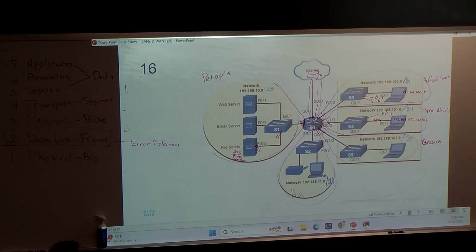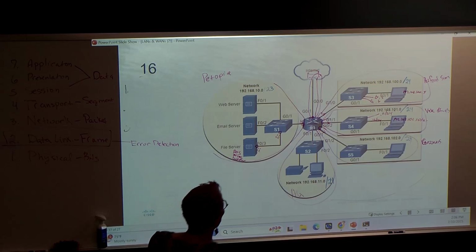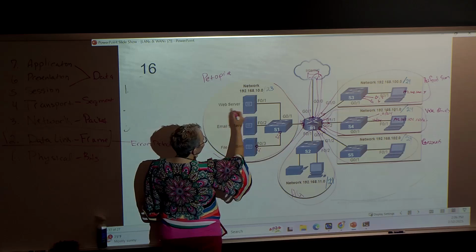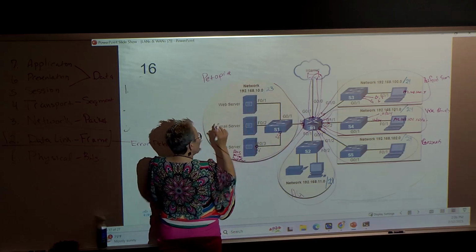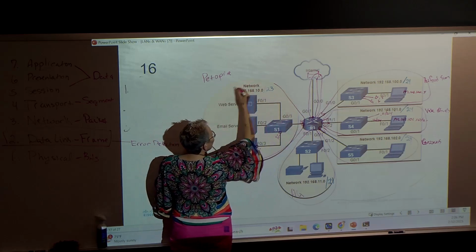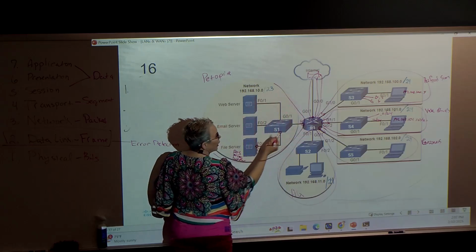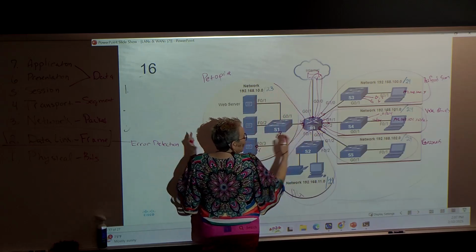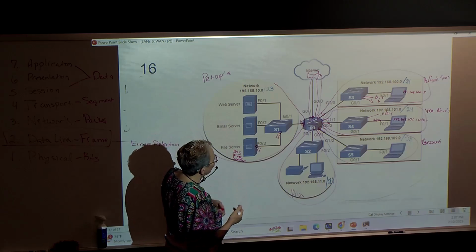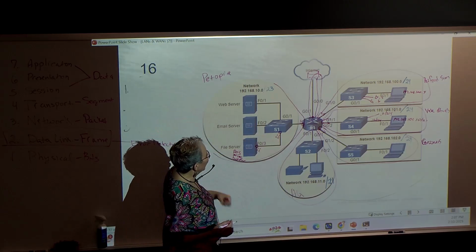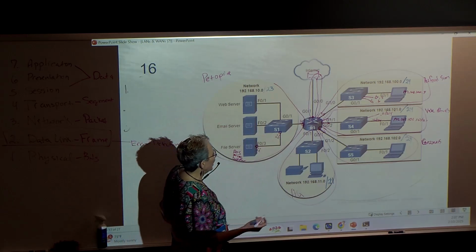How many default gateways do we have? 5. Okay, so we have 5 broadcast domains. Remember, everything on here, if a broadcast message went out, everything on this network would receive the broadcast. And that includes the default gateway. It gets the broadcast message too. It's part of that network. Okay, we have 5 LANs, we have 5 broadcast domains.